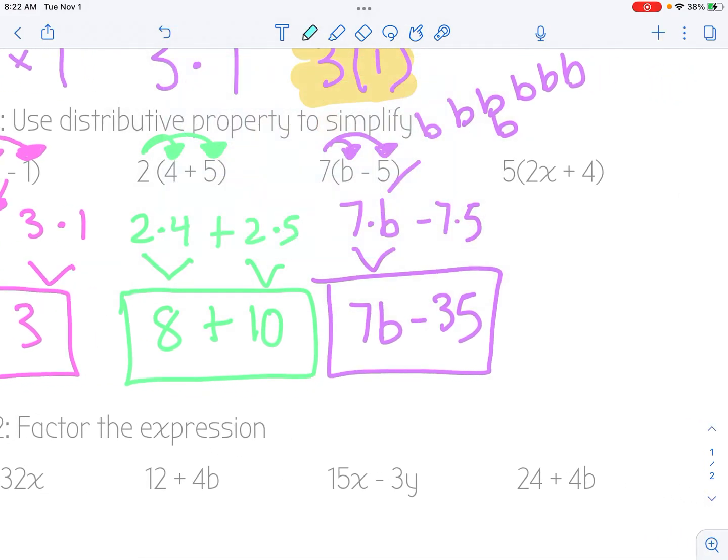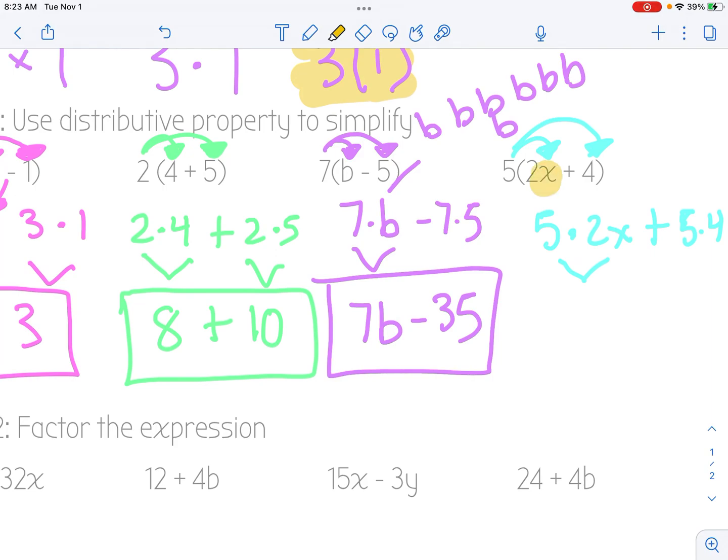And our last one, 5 times 2x and 5 times 4. We're distributing that 5 to everything. So 5 times 2x plus 5 times 4. Now, the reason you guys will see me using dots or putting the numbers right next to each other from this unit forward is because, as you can see, we are going to be using letters in this topic.